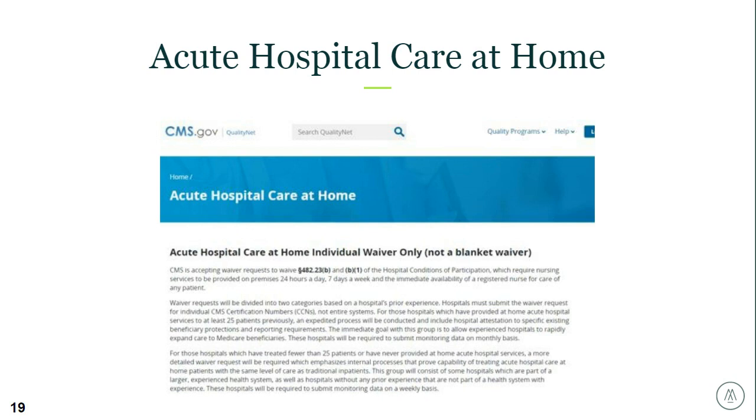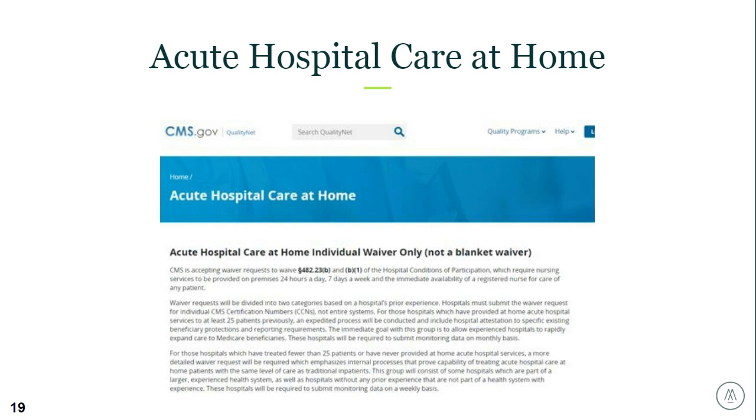Other hospitals were doing them through their affiliated physician organization. But the challenge for many hospitals was, can you meet the 24-hour nursing rule and be providing hospital services in the home? I think a lot of us believed that telemedicine would satisfy the 24/7 nursing rule, although CMS had been a bit mum on that until November of 2020, when they allow a waiver of that as well.